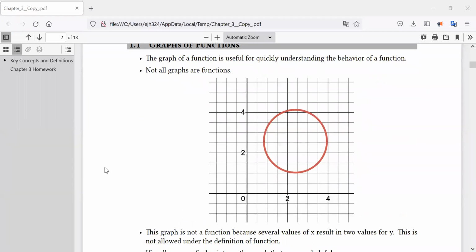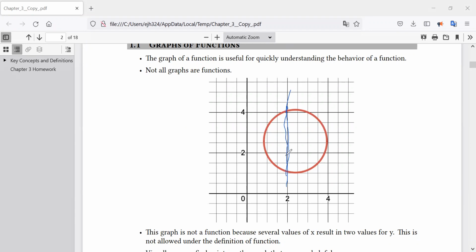This right here is a circle. No surprise there, but it is a graph. It is not a function. The reason it's not a function is because I can draw a vertical line that goes through multiple points. So this fails the vertical line test, which means that it has a single x value that maps to 2 different y values.